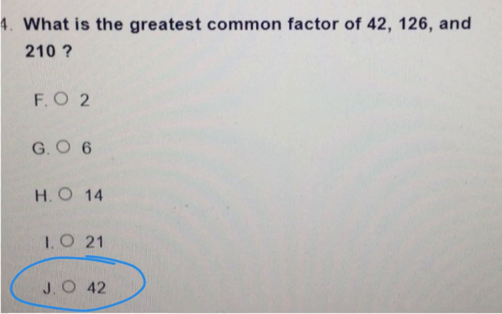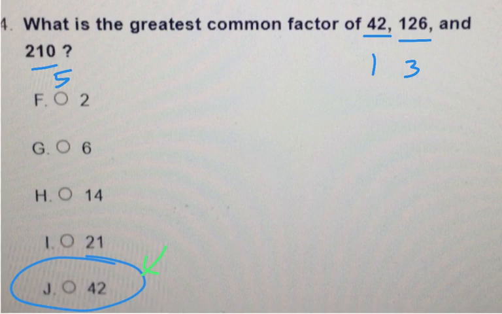I would just try 42 for all of them. 42 divided by 42 is 1. 126 divided by 42 is 3. 210 divided by 42 is 5. Since the biggest number on the page worked for all 3, it must be the GCF.